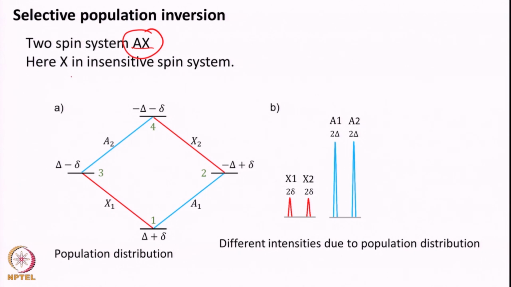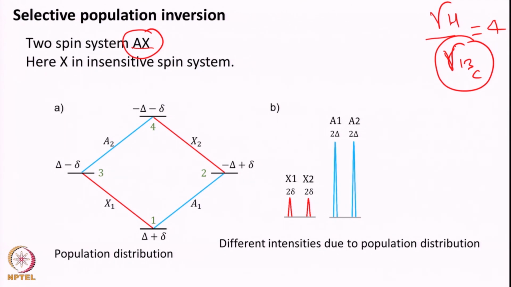So, in that case they are a weakly coupled spin system. X is insensitive because, say, the gamma of 13C is 4 times less than the gamma of proton. So, this nucleus is an insensitive nucleus. Suppose we have a weakly coupled spin system AX, where A is proton and X is a nucleus like carbon or nitrogen, which is insensitive.